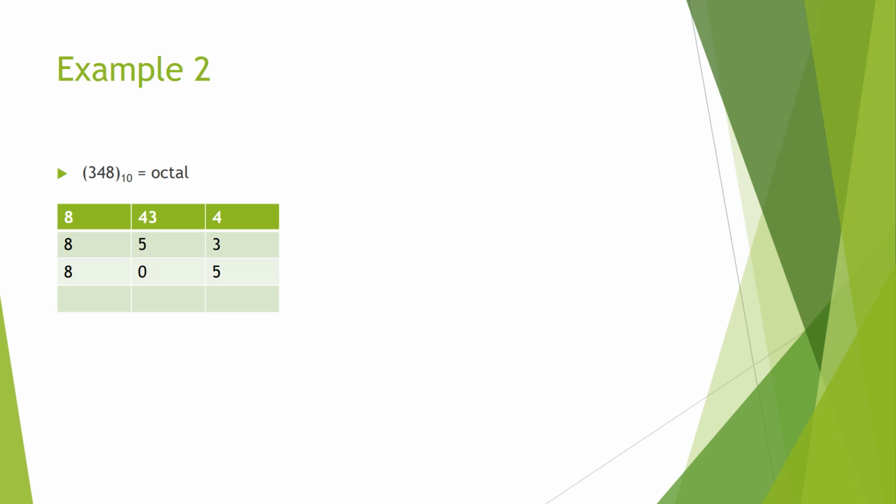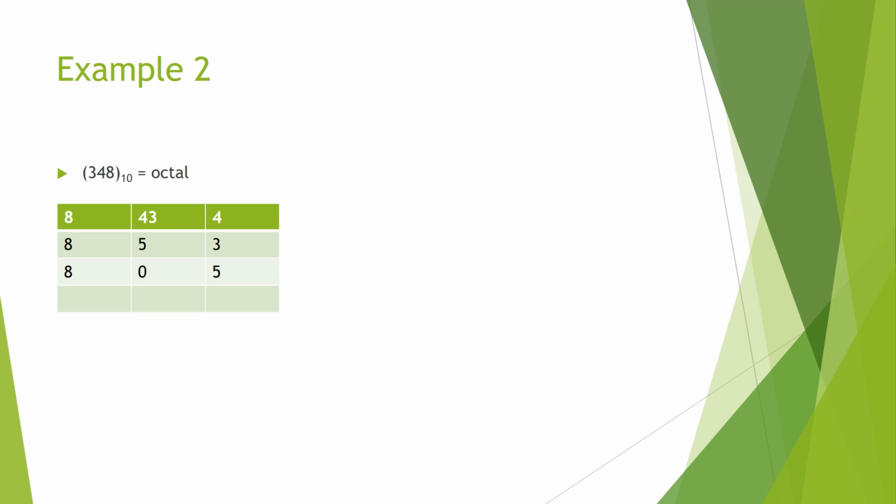And then I've decided in the second example, we take the same decimal number, we convert it now to base 8 or octal. So in our previous example, in our successive division, remember we divided by 2 because it was a binary of base 2. Now we are going to divide the same by 8.